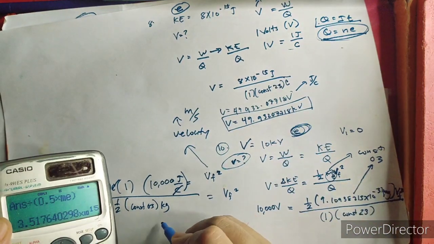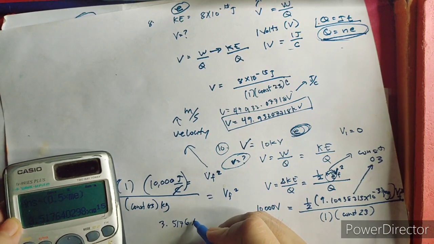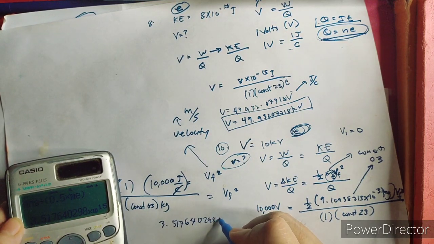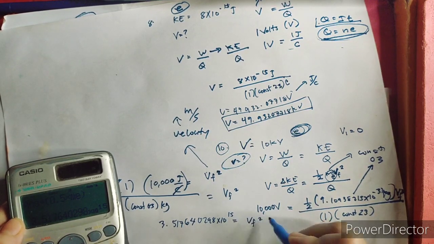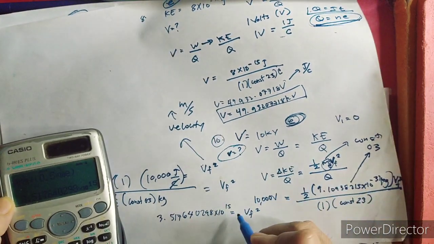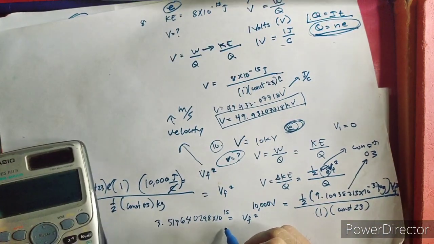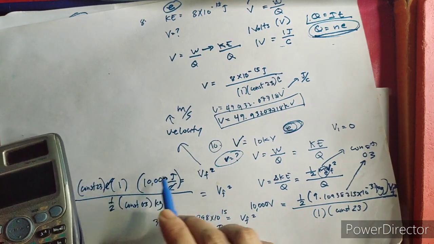Ang lalabas na sagot ay 3.5176 40298 times 10 to the 15 equals v squared. Hindi pa natin na-square root. Ang unit pa nito ay joule per kilogram, kasi na-cancel na yung coulomb.